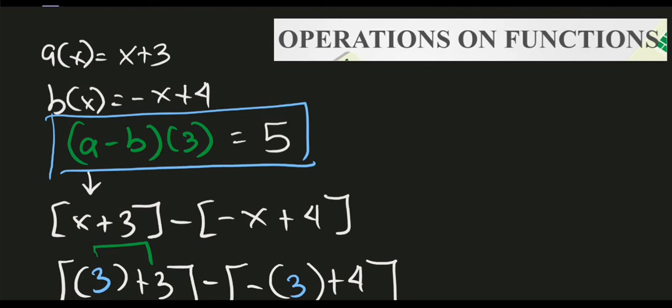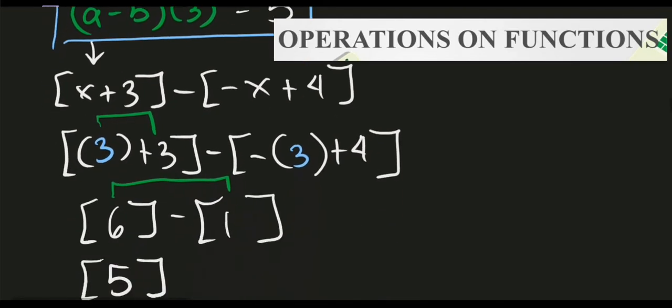Right? So next, let's try to answer another problem. So how about multiplication? Okay, let's try to solve some multiplication with evaluation. Let's say we have this problem. Let's say a of x is equal to x plus 5.